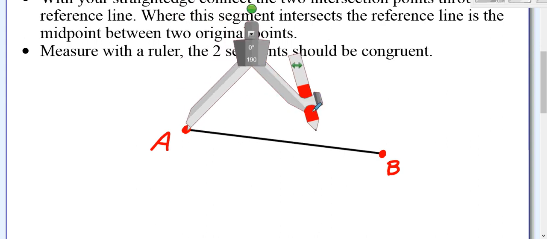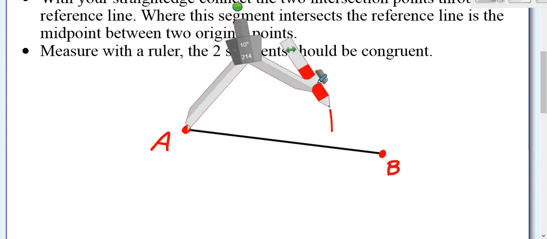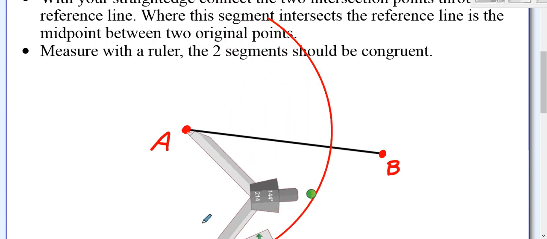I like to go about 3/4 of the way, like 75% of the way. It just needs to be more than halfway. And we're going to draw half a circle, just like that. About half a circle.